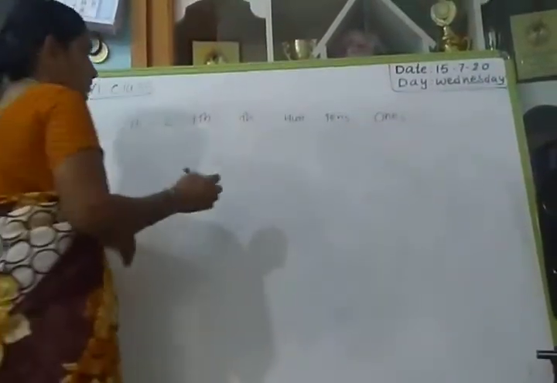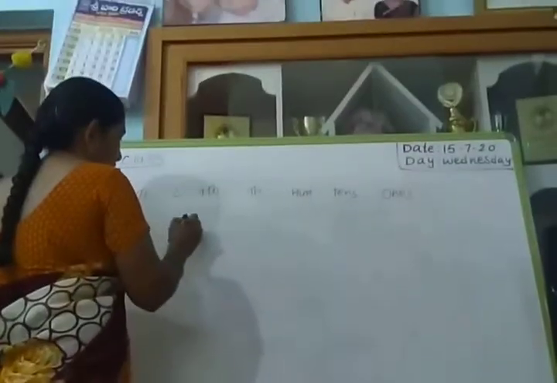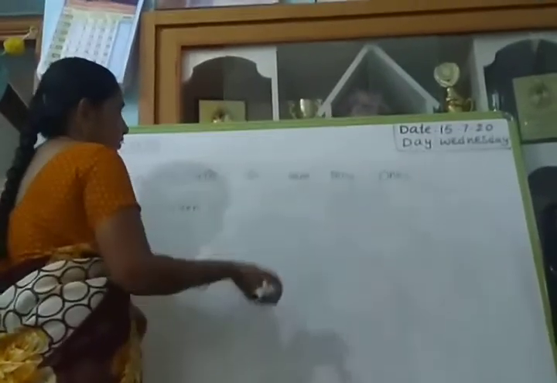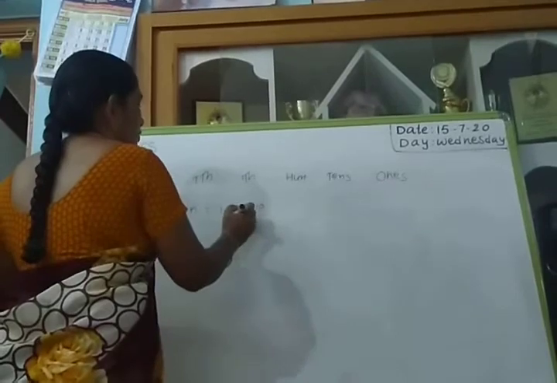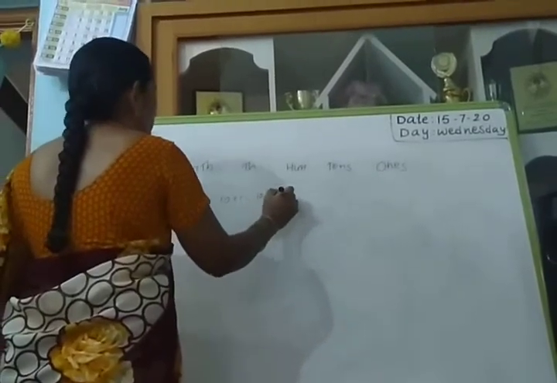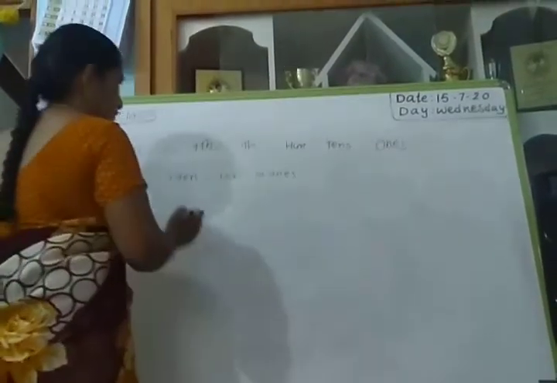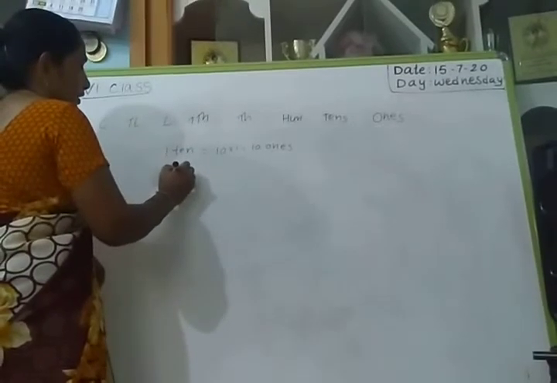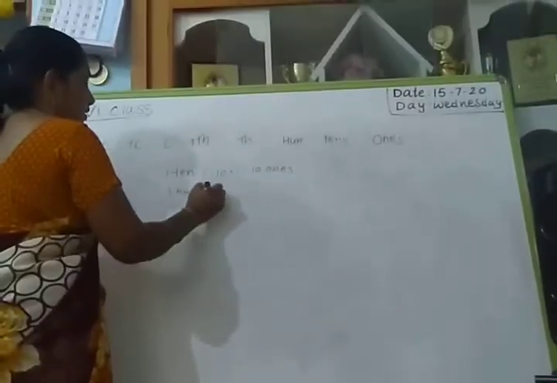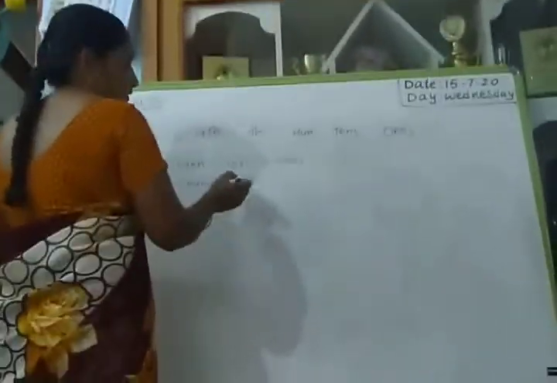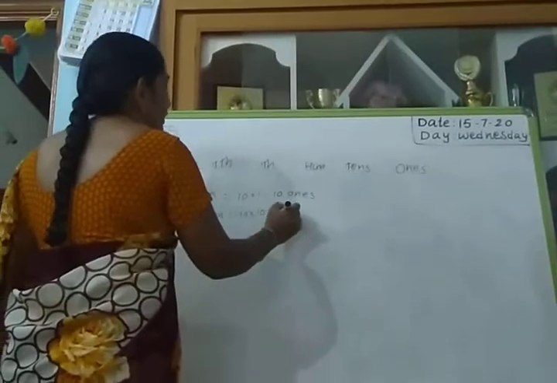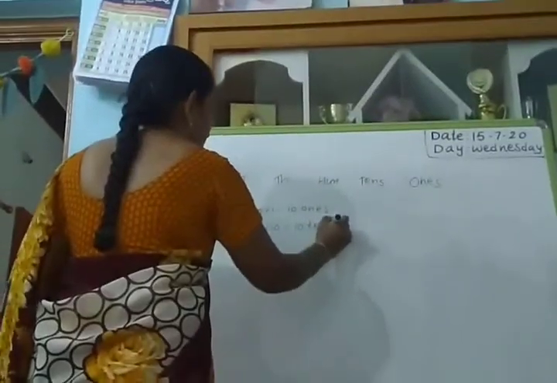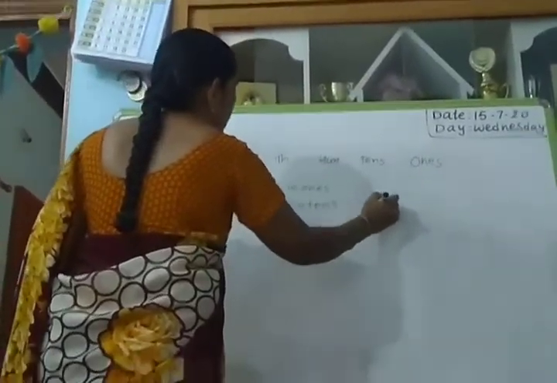Some questions they will ask like this. In 110, how many ones are there? 10 ones. Next, in 100, how many tens are there? 10 tens are 100, no? So there are 10 tens. How many ones? 100 ones.